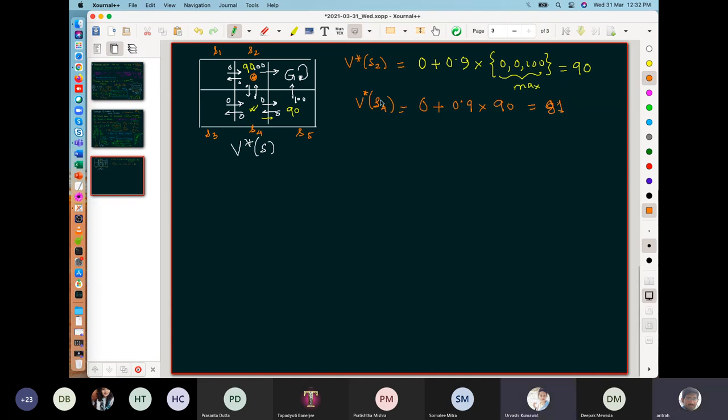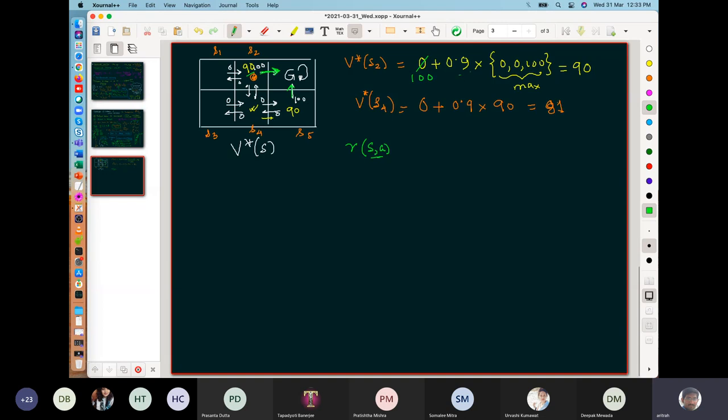Actually, as per the colloquial sense, I made a small mistake. This will be 100, because we only go with the moves. Your reward is basically that a state-action gives you a reward. In this state, if I take this action, the reward is 100. So this is not 0, this is 100.